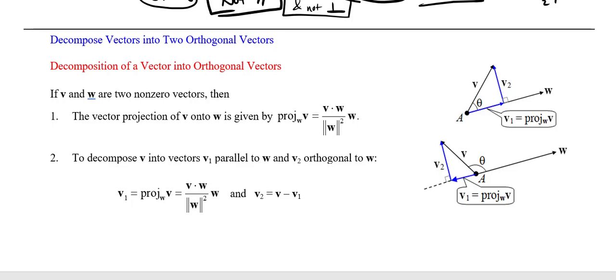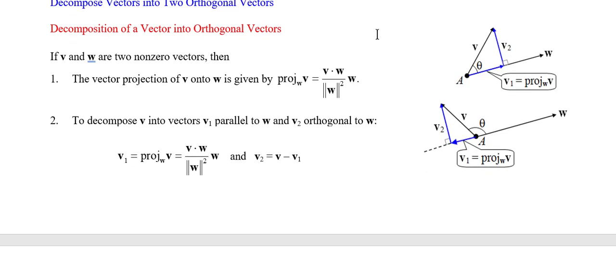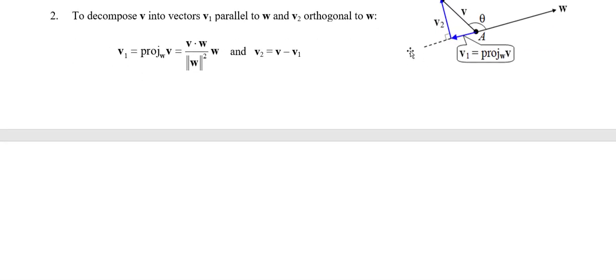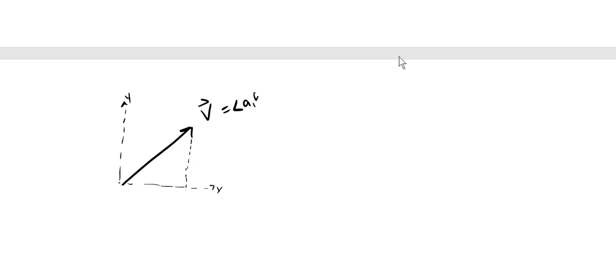So I think this is one of the great applications of the dot product and vectors, decomposing into two orthogonal vectors. We'll come back to these pictures, but the idea I want to explain down in this blank space is, if I give you a vector v, in our usual coordinate system the components of this vector are, let's say, a, b.